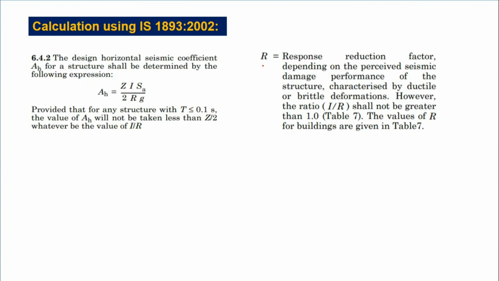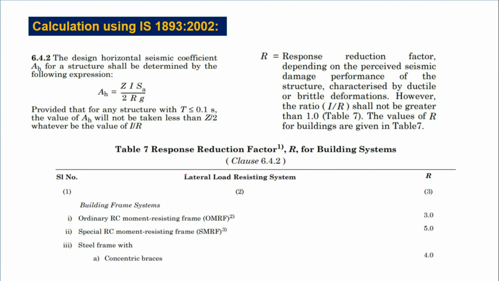The value of R, which is the response reduction factor, can be found by using table 7, and based on the type of building we can use the value of the response reduction factor.